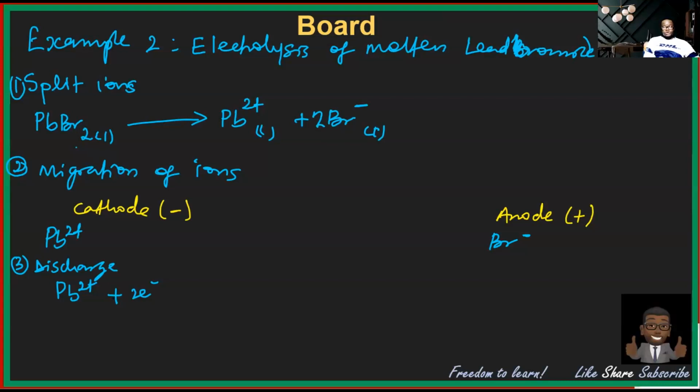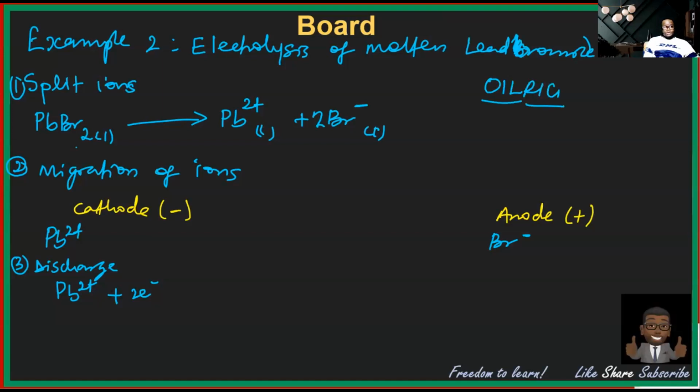Or if you like, oxlo-reducer. Oxlo, oxidation, loss. Reducer, reduction, gain. Okay, that sounds too verbose, right? So just stick to your oil rig, okay? Oil rig. Reduction is gain, oxidation is loss.